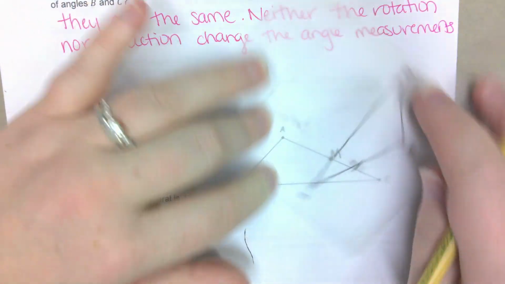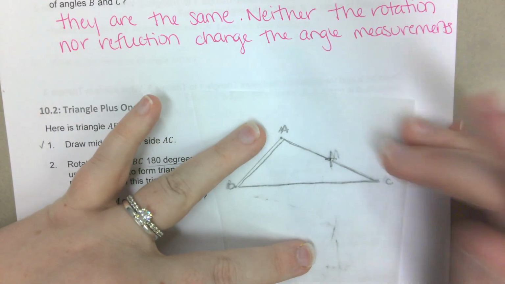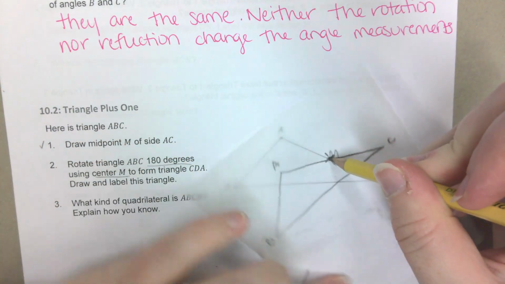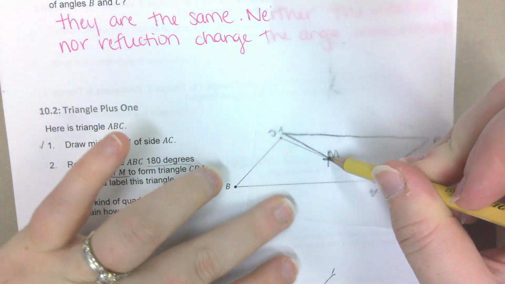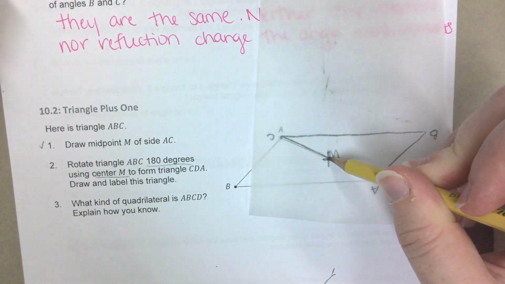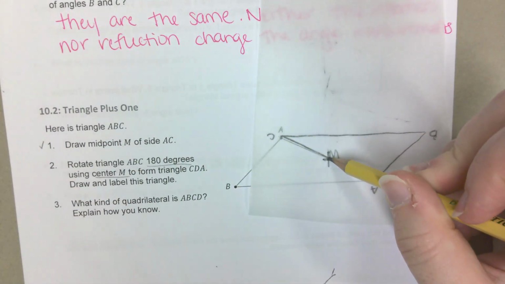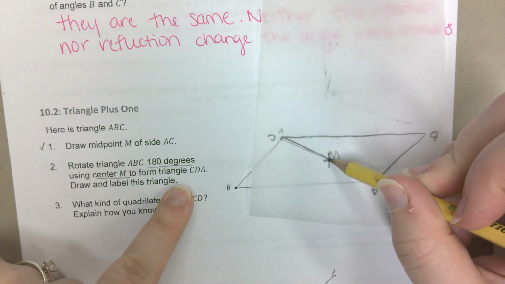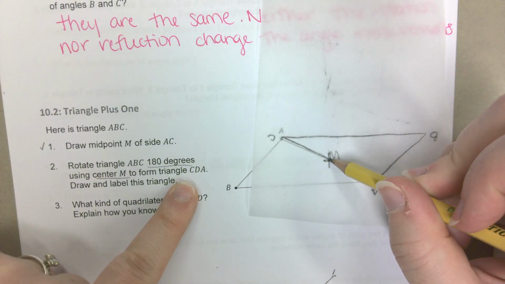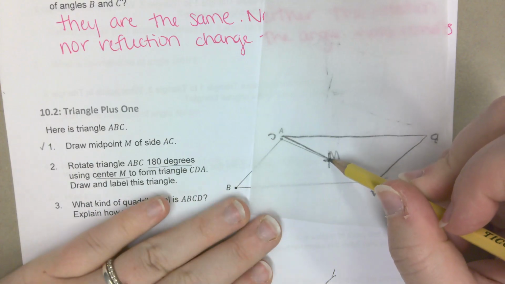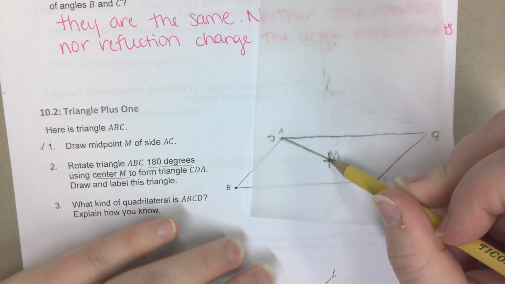So that was clockwise. Now, if I went counterclockwise, 90, 180, it's going to end up being the same thing, because I'm using a center here. So it says draw and label to form triangle CDA. All right, so ABC and CDA are going to be the same thing.